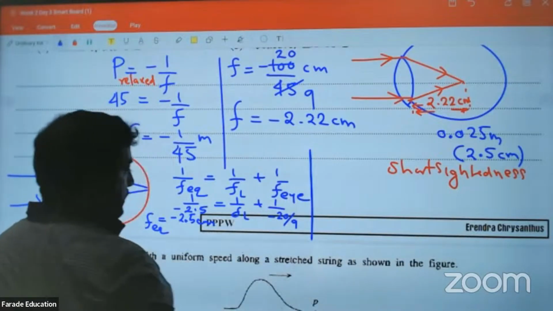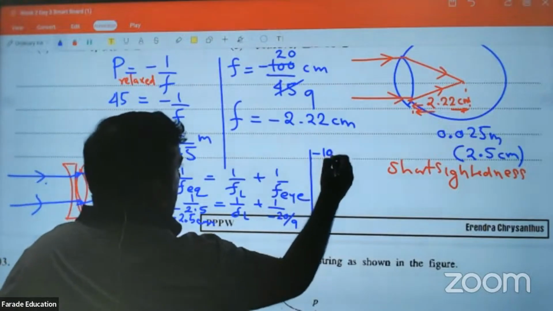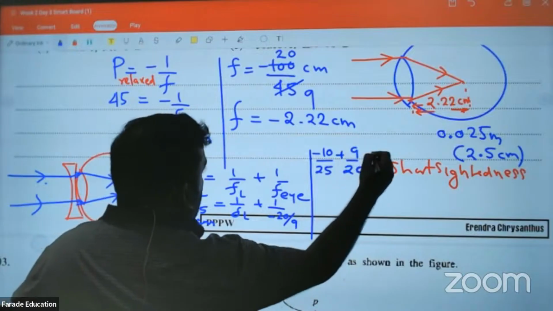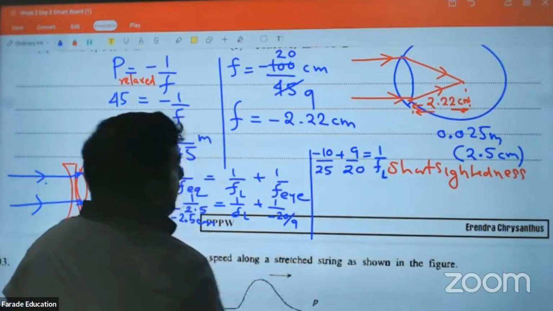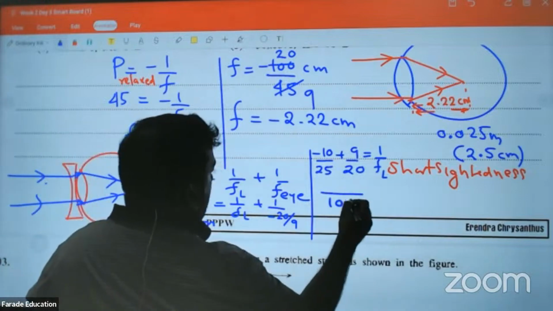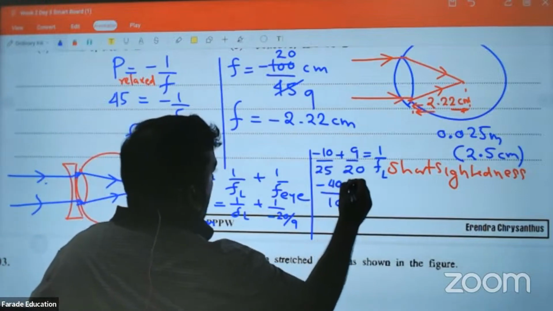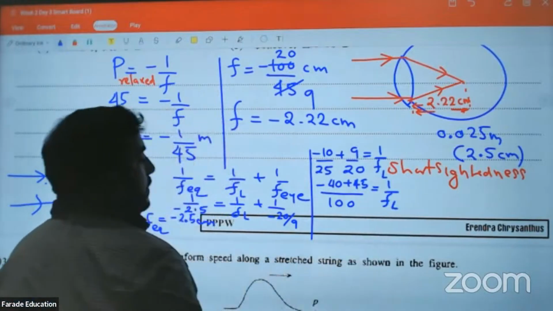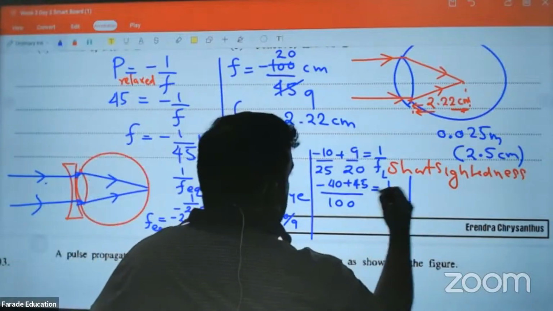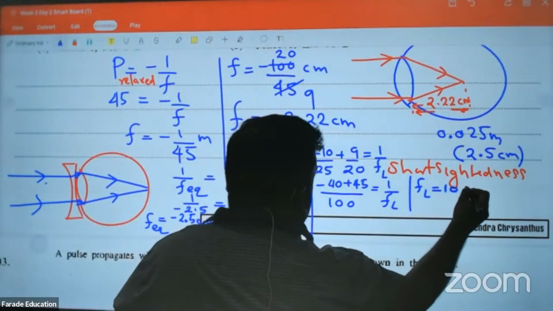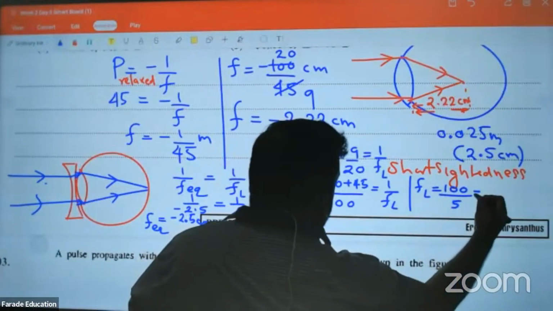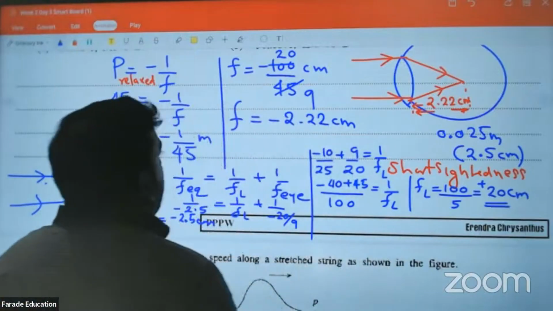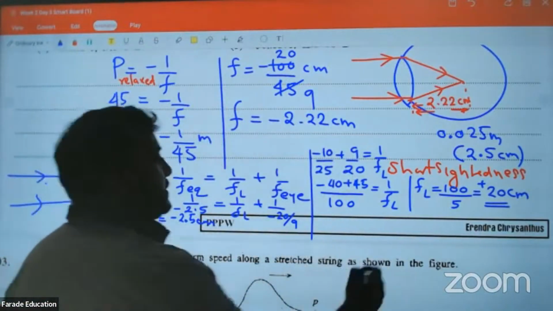Simplify this: 10 over 25 equals 1 over focal length of lens plus 9 over 20. Common denominator 100: 40 minus 45, equals 1 over FL. Simplify this. FL equals, turning upside down, 100 divided by 5, 20 centimeters. So concave lens, 20 centimeters.